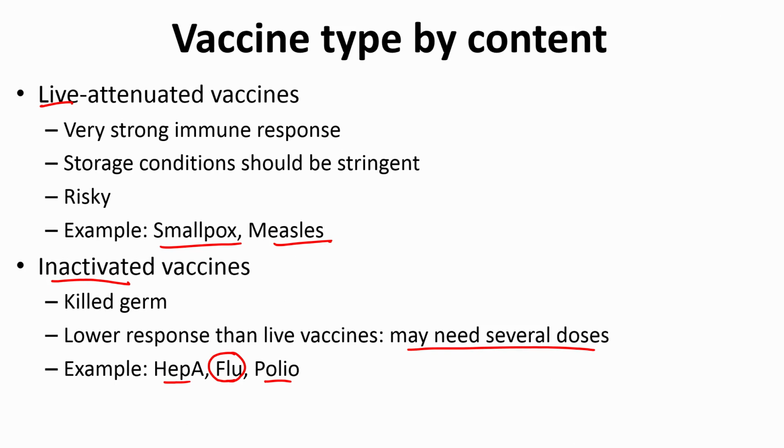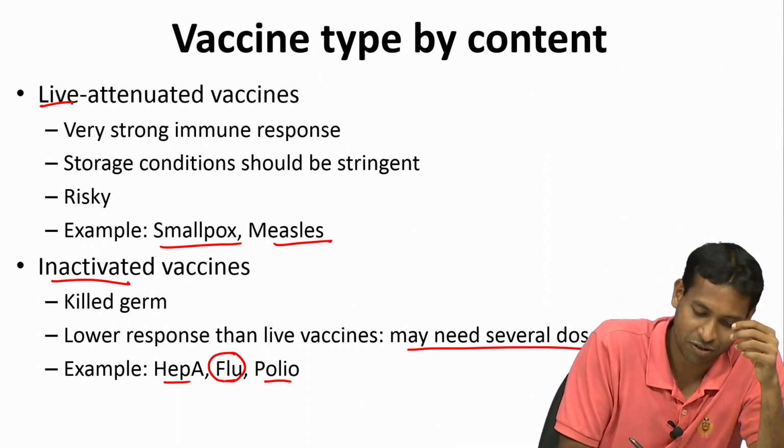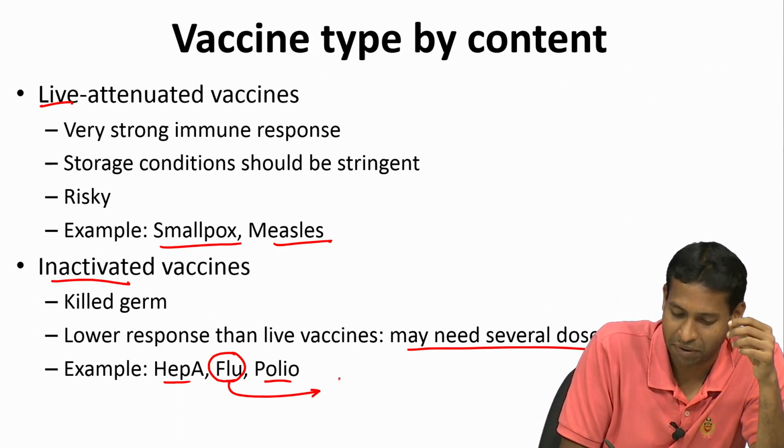But it is mutating at such a high rate that even though your body learned about whatever flu you got, maybe 4 months down the line when this mutated flu comes in, it is so different from the original flu that it is almost a new entity, and the body will have to relearn everything to tackle this flu virus. So these are some of the challenges, but inactivated vaccines are used for this. They will take the current flu, inactivate it, and then inject it. Sometimes for the flu virus, there is also some prediction involved as well.